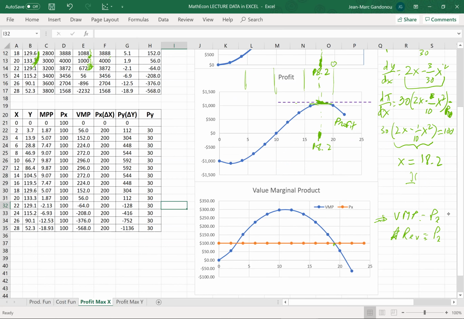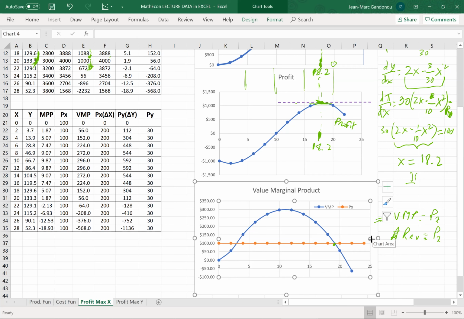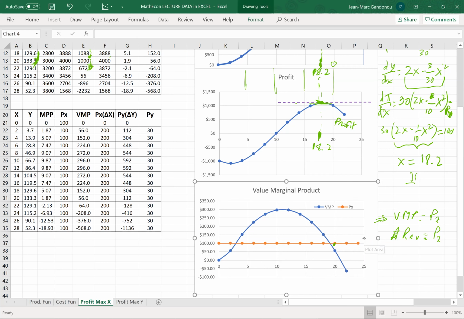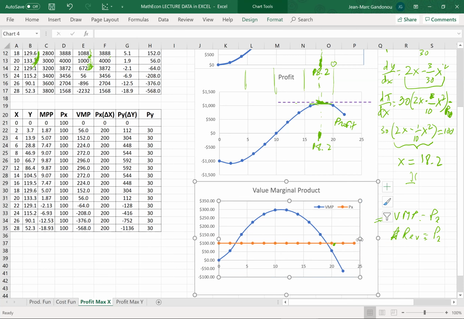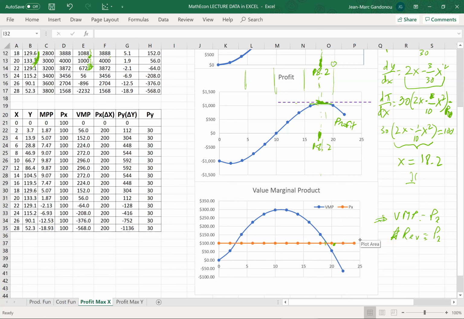And so here we also see that we have approximately the same, because this is not well done. If I adjust it to line up, okay, then I should have a little bit more. Okay, so I should have this same 18.2 over here.